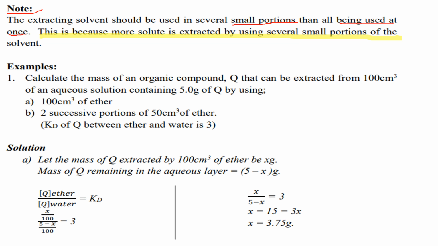So why is it that we get more solid by using small portions of the extracting solvent than using it all at once? The reason is because more solid can be extracted by using several small proportions of the extracting solvent than using it all at once. And we are going to look at that practically in the calculations.